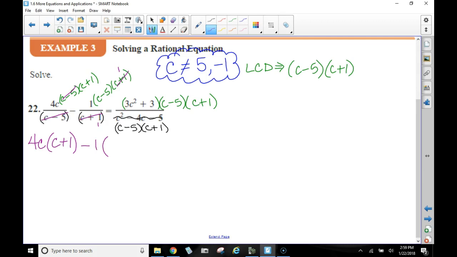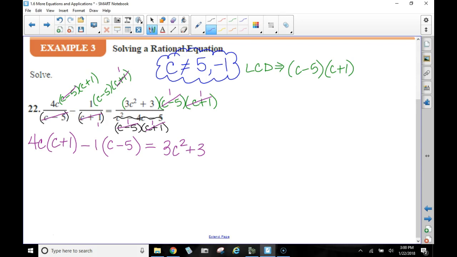Oh, c minus 5, I'm sorry. C minus 5. Okay? Now, on the right-hand side, both the c minus 5 factors reduce as well as the c plus 1 factors, and so we just have the 3c squared plus 3.